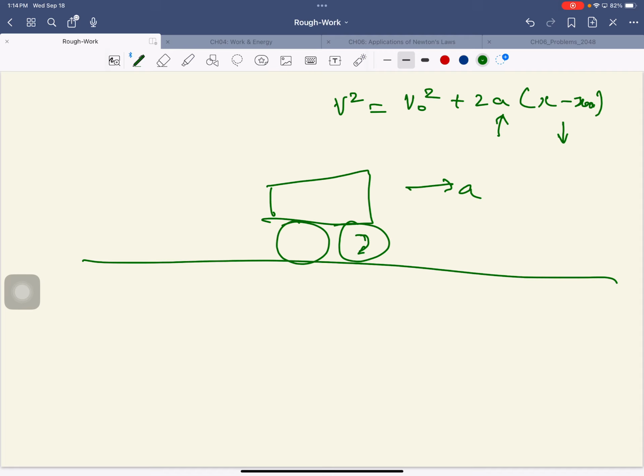If you want to accelerate, you don't want your tire slipping, so the contact point is not moving, so there is a static friction force in this direction, preventing it from slipping. And that is what accelerates it. So the tire wants to slip, the static friction force is preventing it, and that's what makes you accelerate.